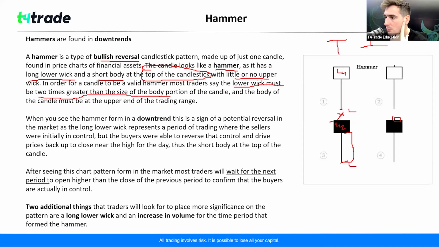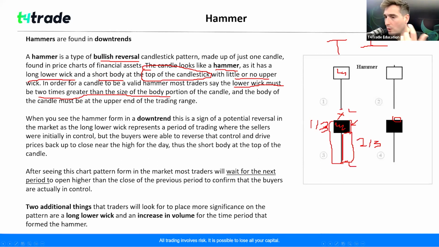So if this is out of 3s, 1/3 is like this. 1/3 corresponds to the real body, and 2/3 correspond to the wick. So in a sense, what you need to pay attention to is, in order for it to be a valid hammer, this wick must be larger by some degree compared to the real body.